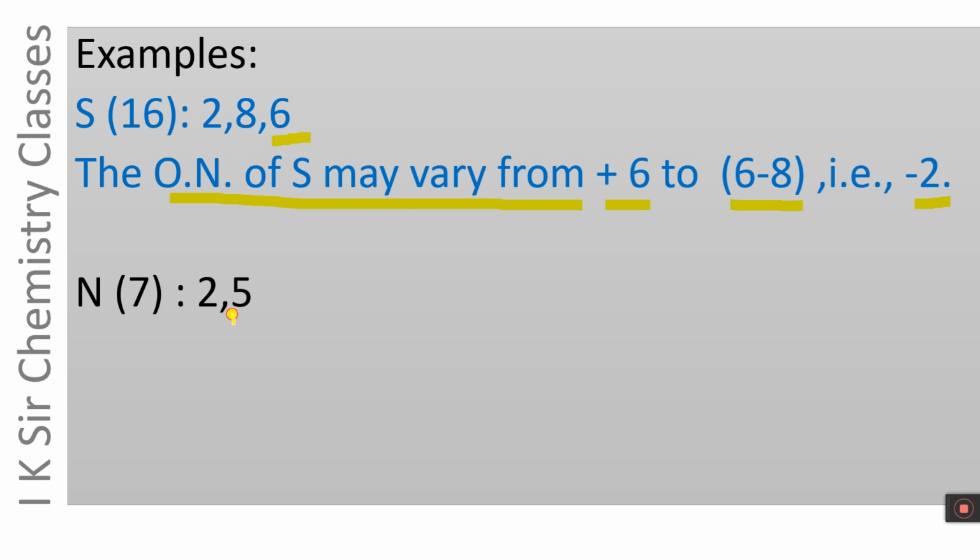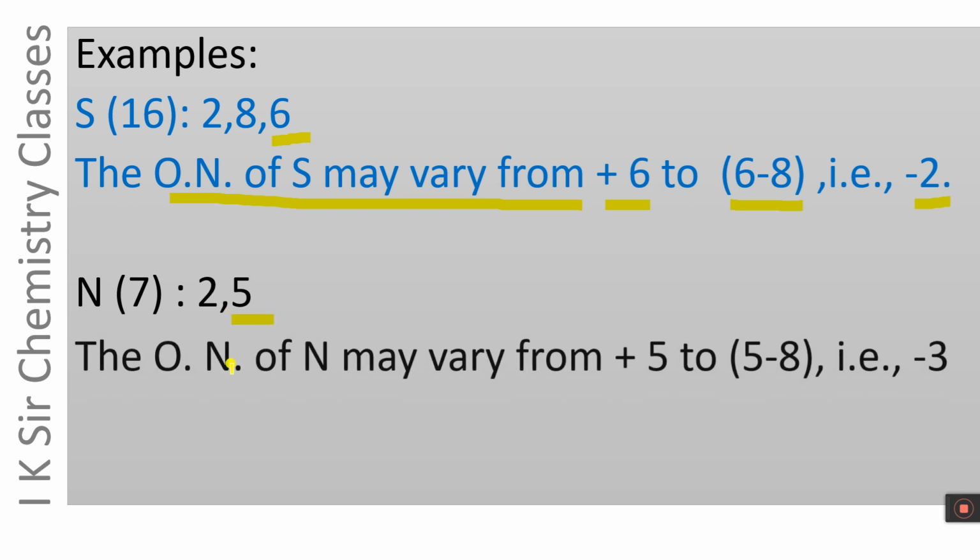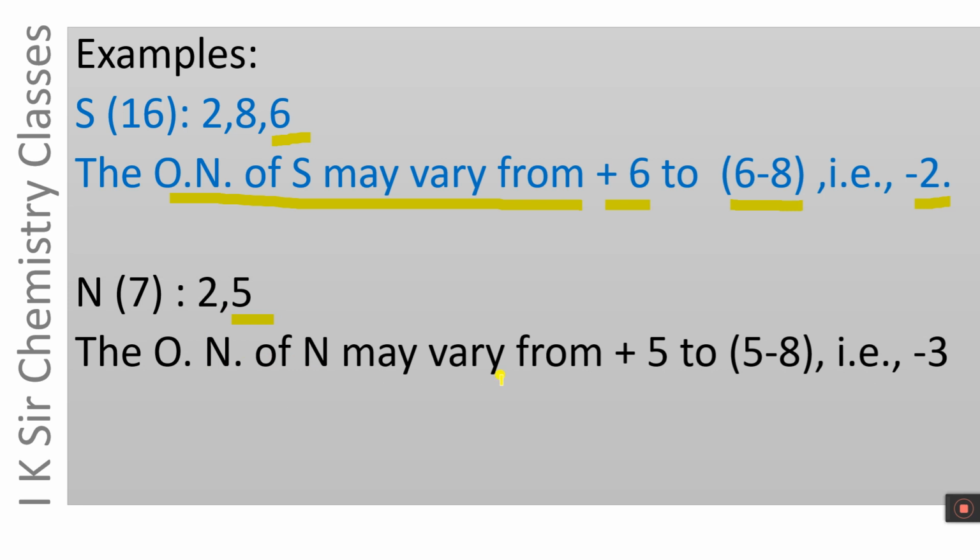Nitrogen atom has 5 valence electrons. Therefore, the oxidation number of nitrogen may vary from +5 to 5 minus 8, that is -3. The minimum oxidation number of nitrogen is -3 and the maximum oxidation number of nitrogen is +5. If the oxidation number of nitrogen in a compound comes greater than +5, it is totally wrong.